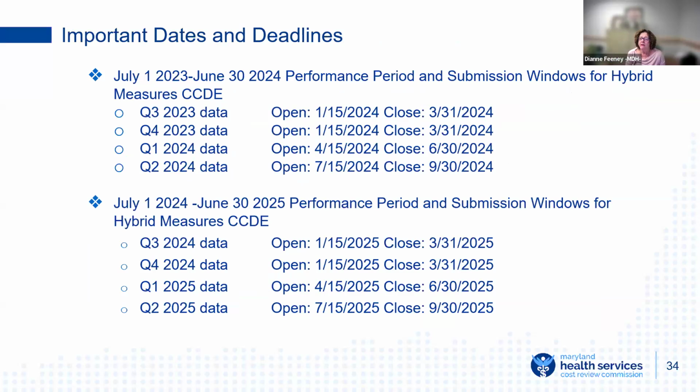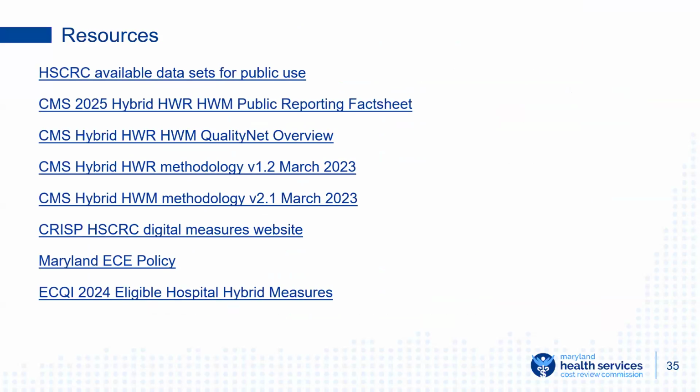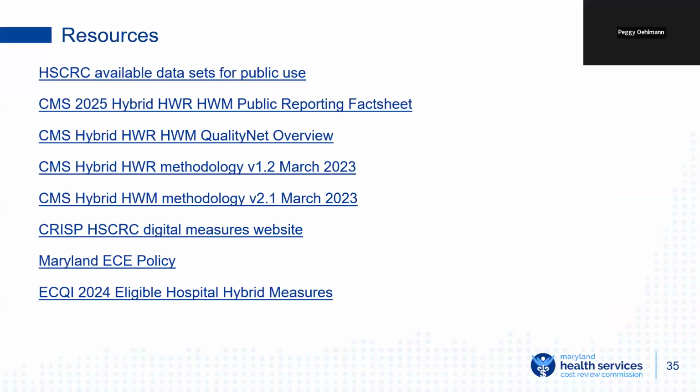I don't know, Peggy, if there are questions. This slide just lists linkages to many of the resources, the CMS HWR and HWM methodology papers, and then the Maryland specific resources, as well as CMS and more national resources.